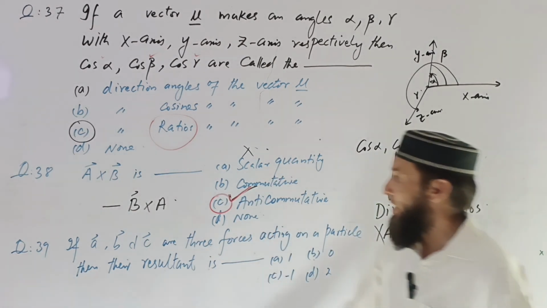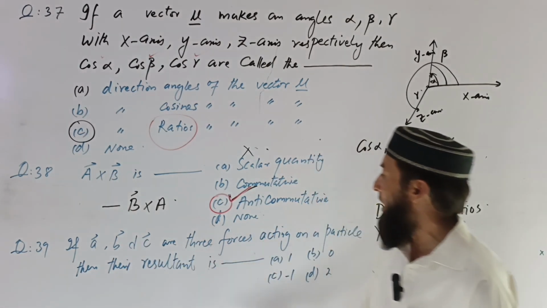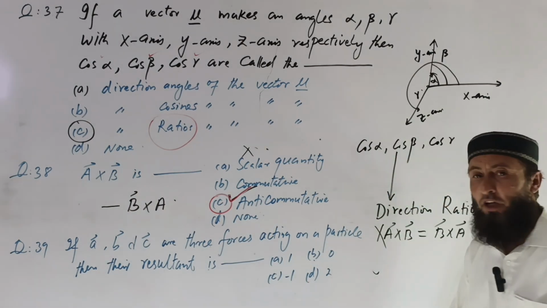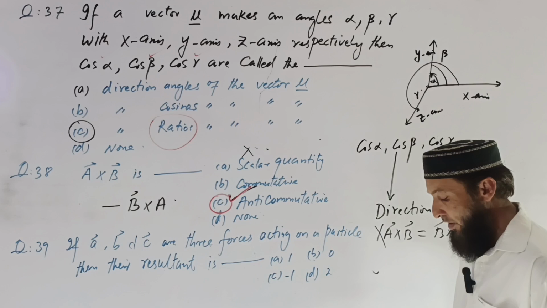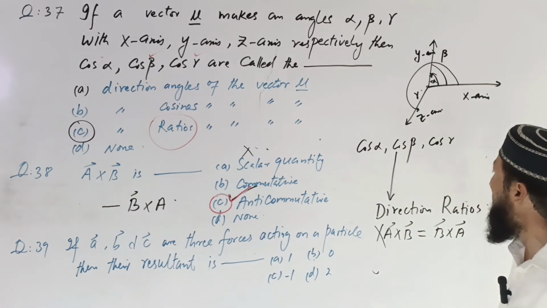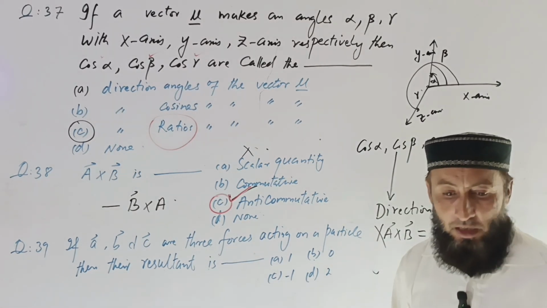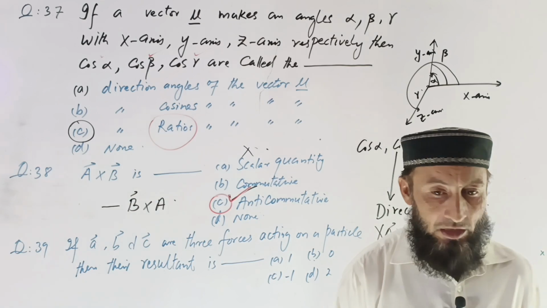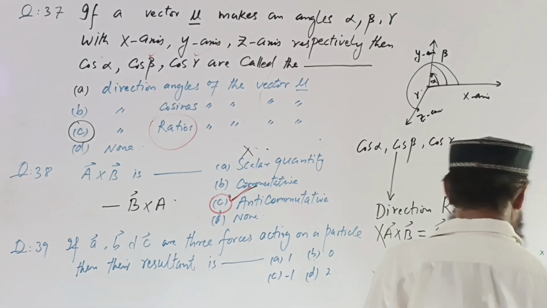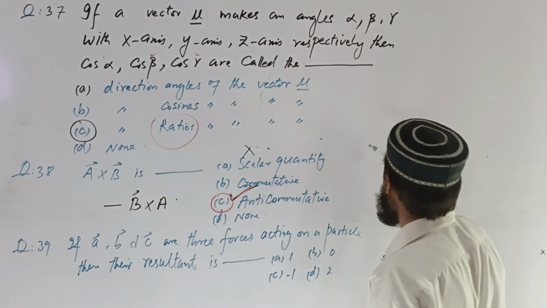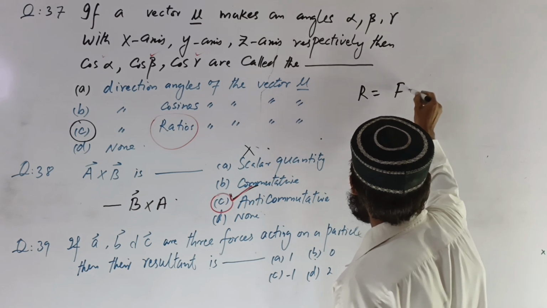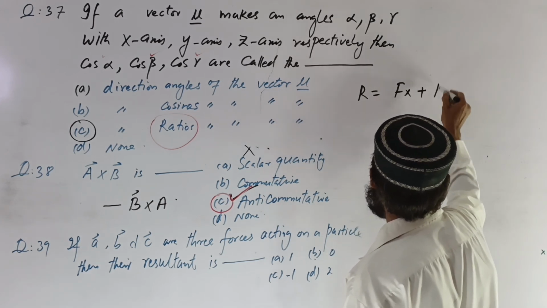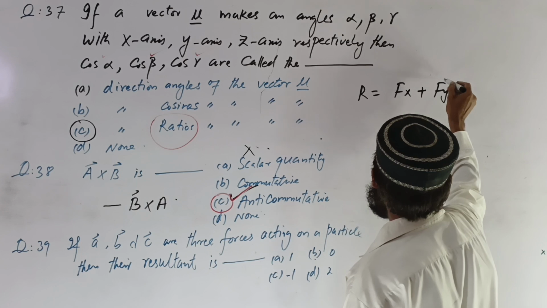Question number 39: if A, B and C are three forces acting on a particle along the x-axis, there will be a resultant vector. What is the resultant vector? We have already discussed the resultant of two vectors. For example, the resultant R has Fx on the x-axis and Fy on the y-axis.